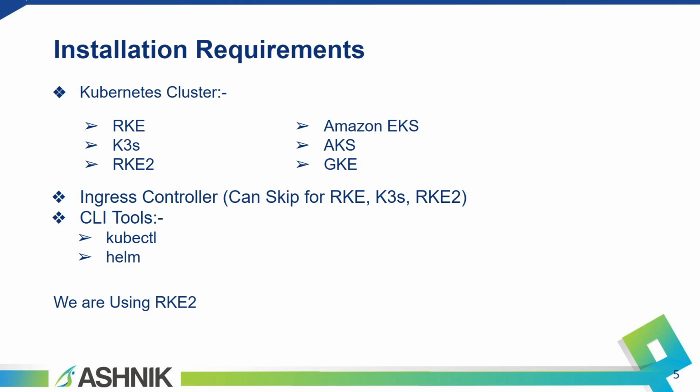So first, understand what the different Kubernetes cluster providers are. It can be Amazon EKS, Azure AKS, Google Cloud GKE, then RKE, K3S, and RKE2 are from Rancher itself. RKE is a very popular Kubernetes engine, K3S is the lightweight Kubernetes engine, and RKE2 is the successor of RKE, and it is lightweight as well as it has security compliance in place.